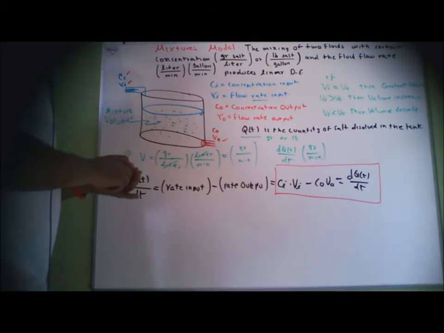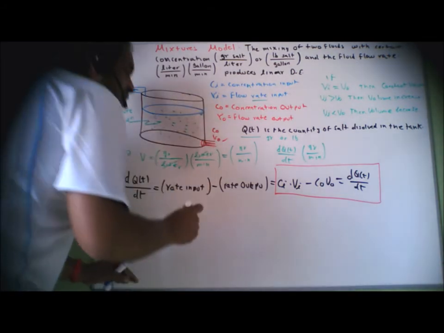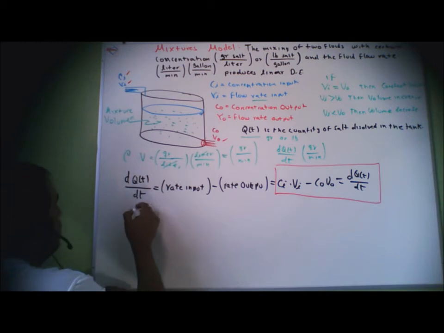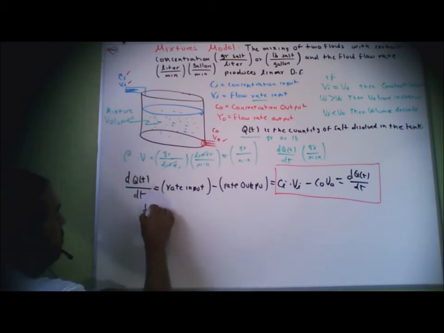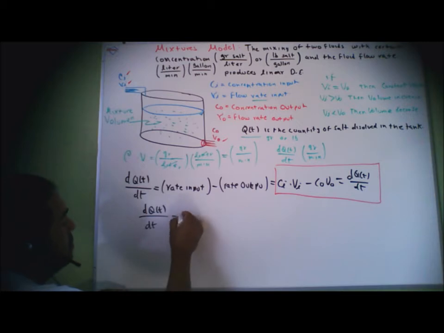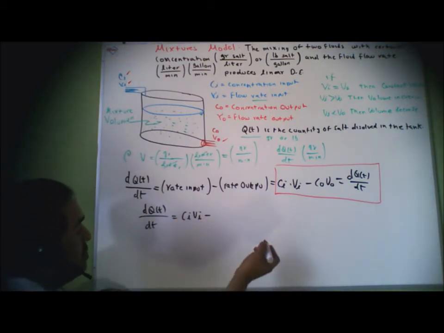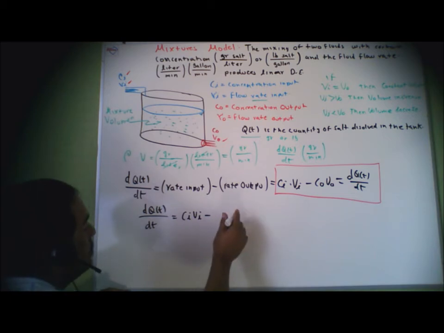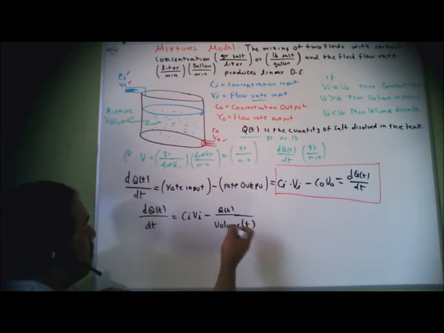So let me change the differential equation. The derivative of Q(t) with respect to time is equal to the concentration input times flow rate input minus the concentration output times the flow rate output. The concentration output is going to be Q(t) divided by the volume as a function of time, because it could be variable.